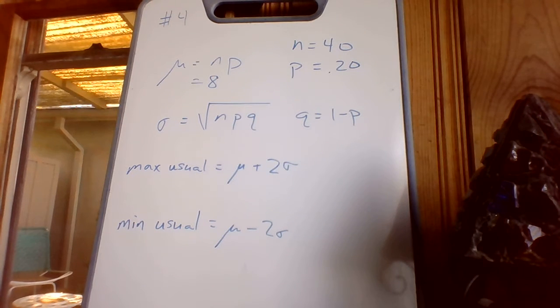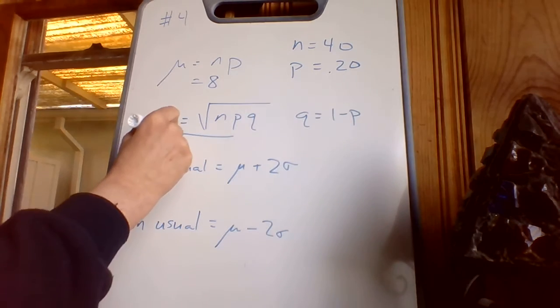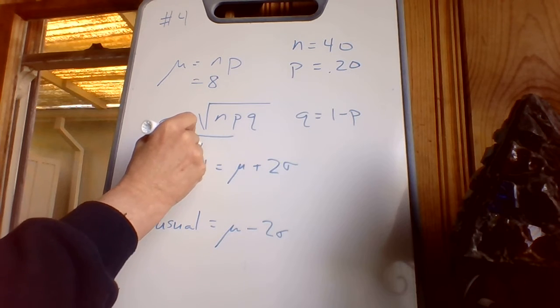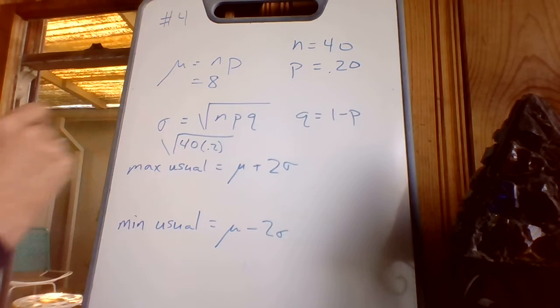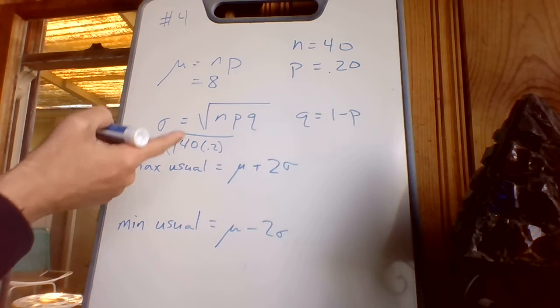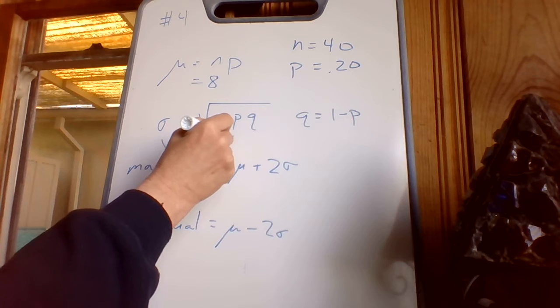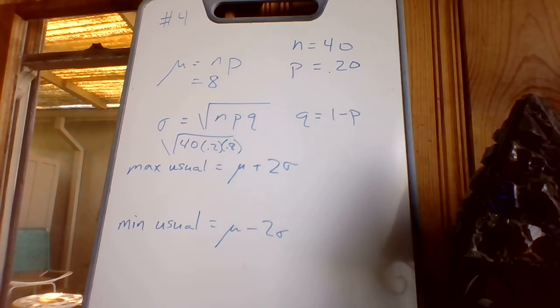Okay, and then I've got to do the square root of N, which was 40, times P, which is 0.20, times Q. Q is failure, so if P is success and Q is failure, altogether that adds up to 1. So if P is 0.2, Q is 0.8, because together 0.2 plus 0.8, that's 20% plus 80%.